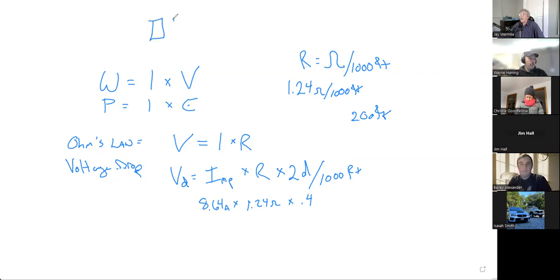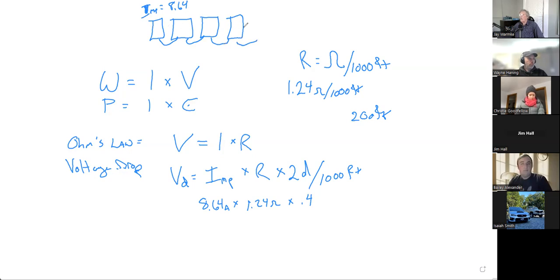Because if I've got, let's say, four panels, they're all identical, and I look at the IMP equals 8.64, and I've connected these things together in a string, what happens with amps?